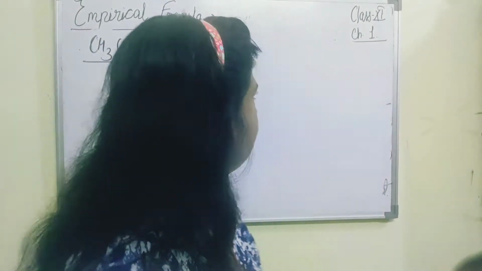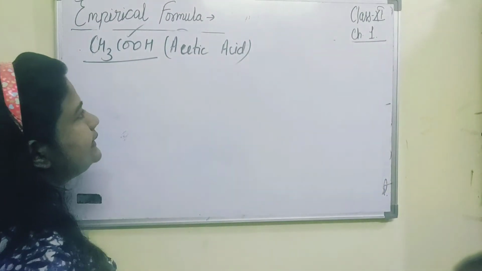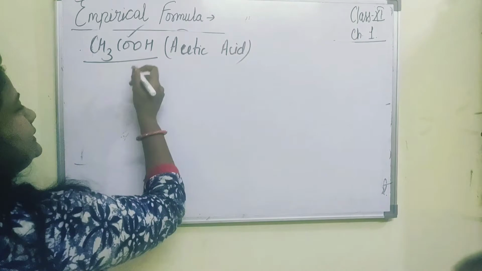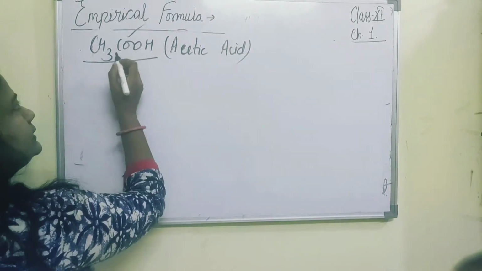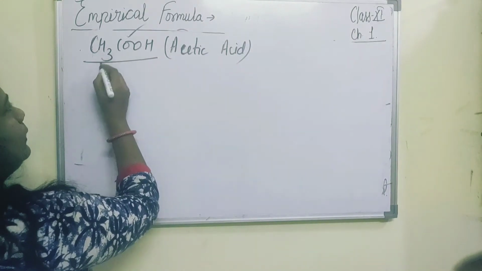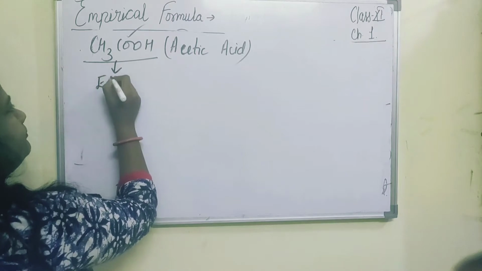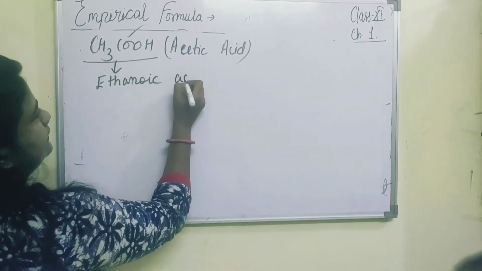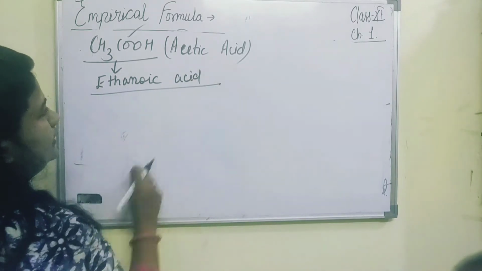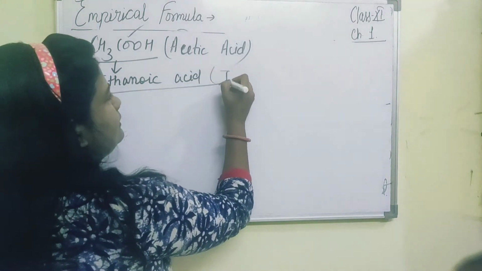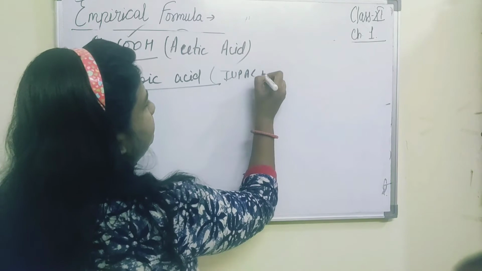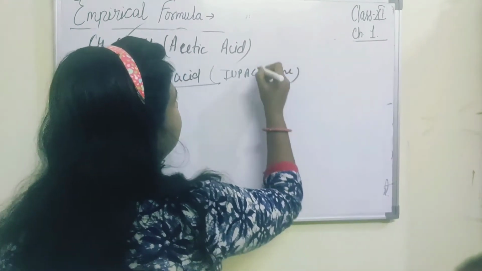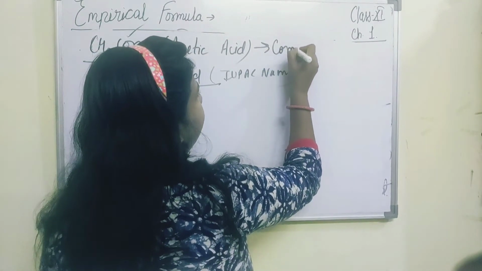Okay, so we call it acetic acid. When we take acetic acid, its IUPAC name is ethanoic acid. Ethanoic acid is the IUPAC name, and this is the common name.